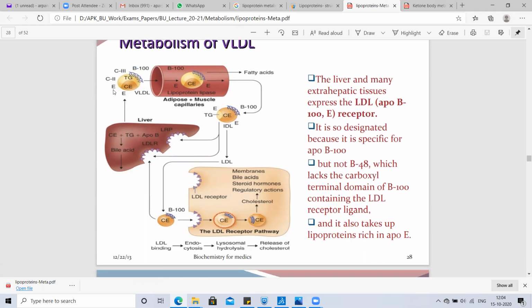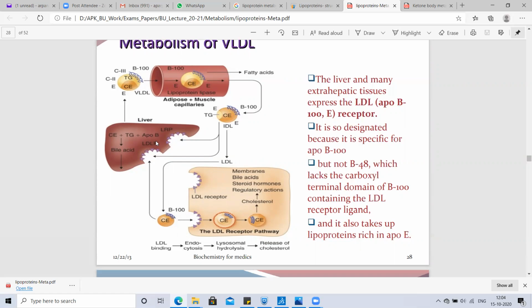From the liver, it moves through blood vessels into the adipose tissue and muscle capillaries, where it actually gets catabolized, and free fatty acids are released, which can be further utilized for energy production or storage purposes, and the remnant part, which is the leftover part, is cholesterol ester, B100 and some triacylglycerol. This is known as the intermediate density lipoprotein.